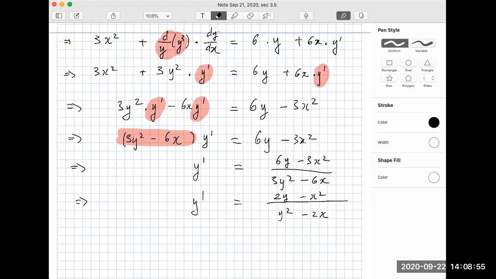Was it you, Remy, or Gregory? Thank you. And so, that's it. Okay. That is how we can find y prime. It's beautiful, right? We don't know what y is, but we can find its derivative.